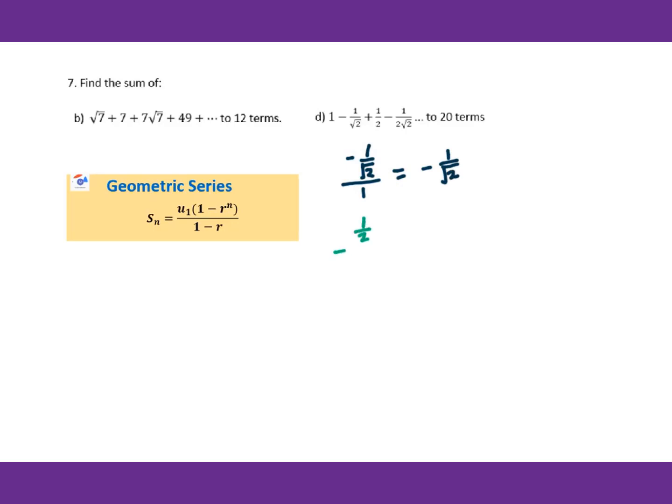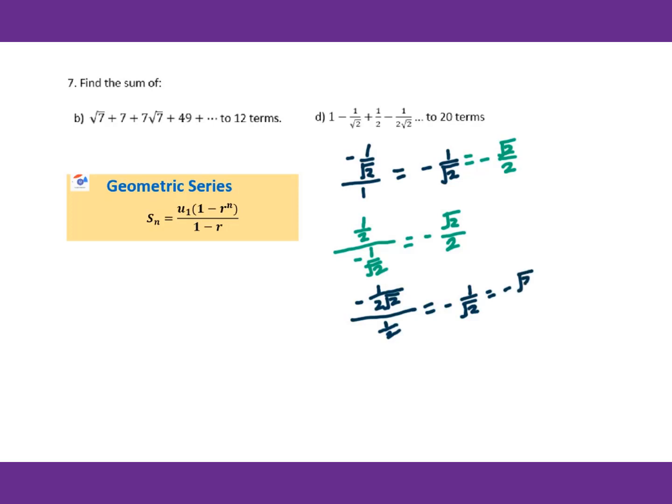Then 1 over 2 divided by negative 1 over square root of 2, you will get negative square root of 2 over 2. Then negative 1 over 2 square root of 2 divided by 1/2, you will get negative 1 over square root of 2, which means negative square root of 2 over 2. So it is a geometric sequence.